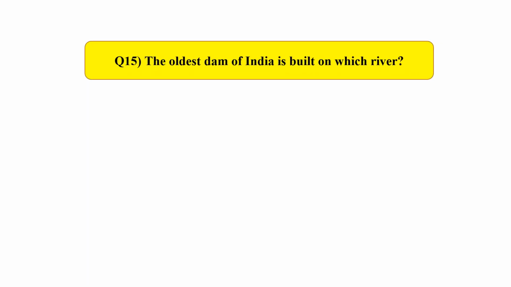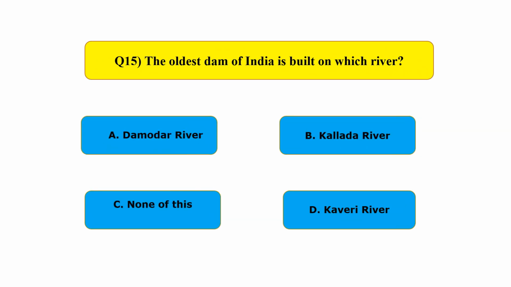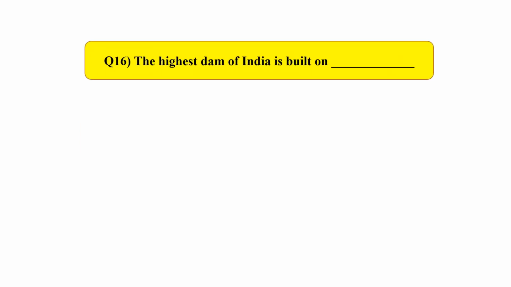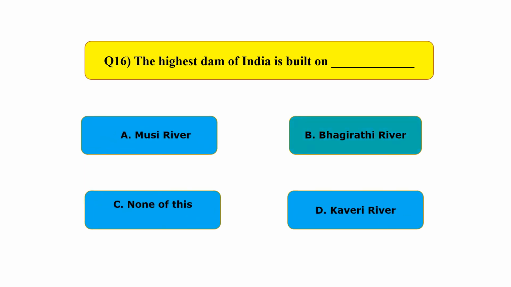The oldest dam of India is built on which river? Answer D, Kaveri river. The highest dam of India is built on answer B, Bhagirathi River.